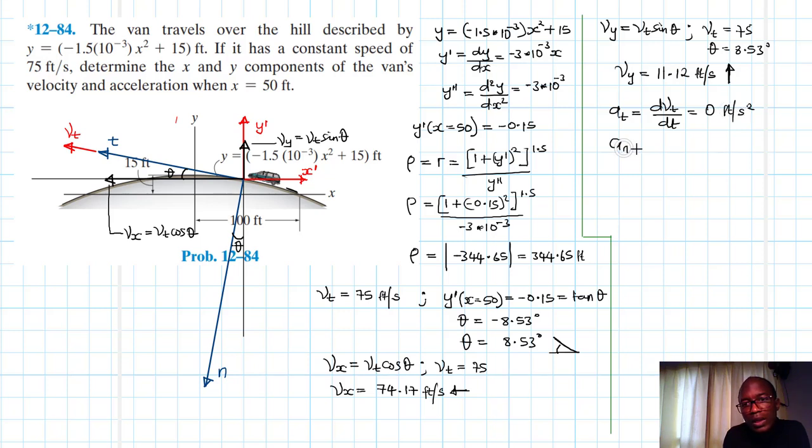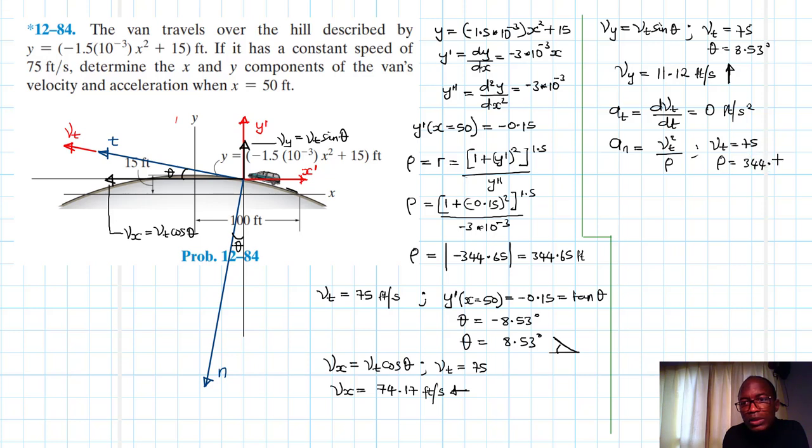Then our an is just equal to Vt squared divided by rho, where we already know Vt is 75, and our rho we calculated somewhere.